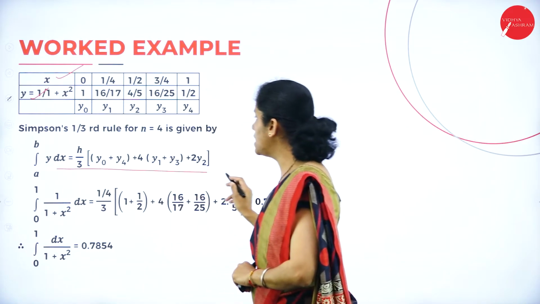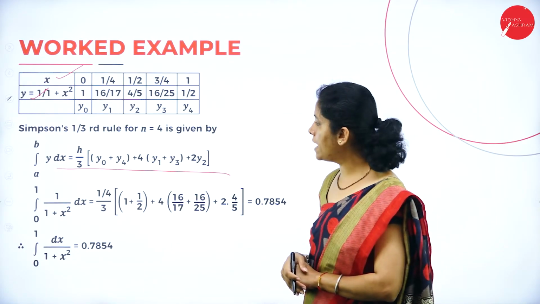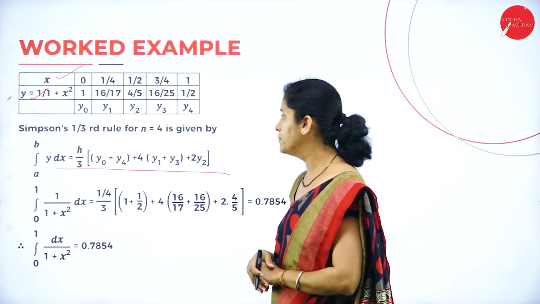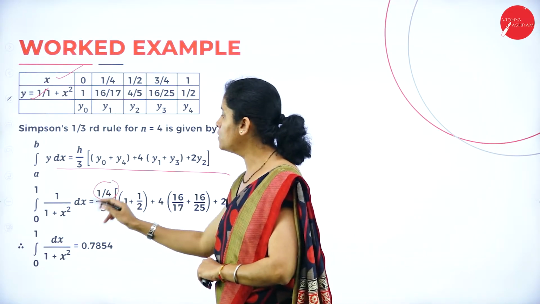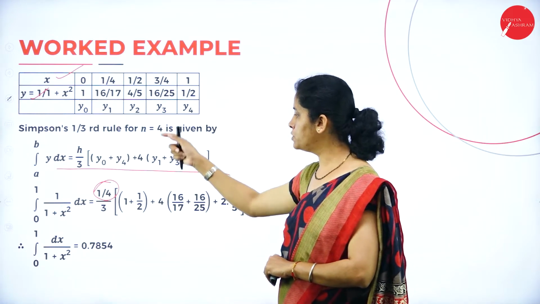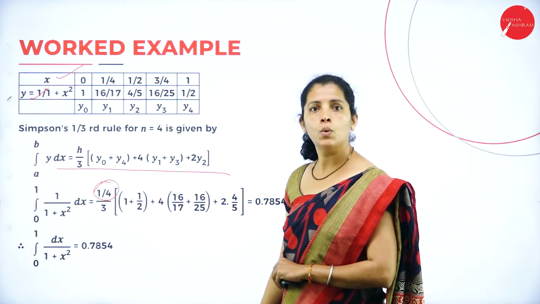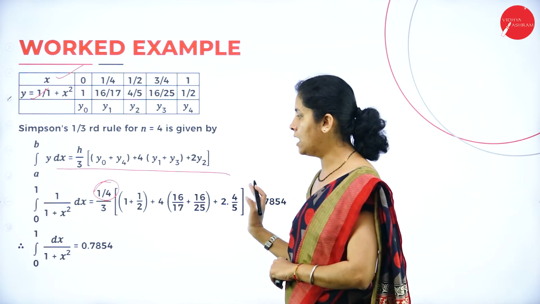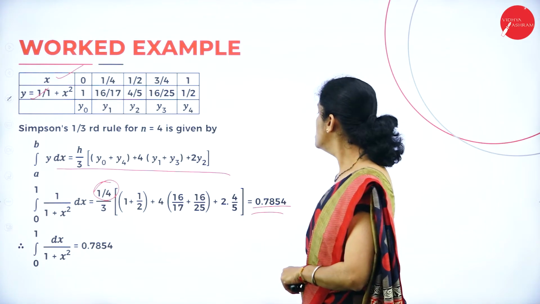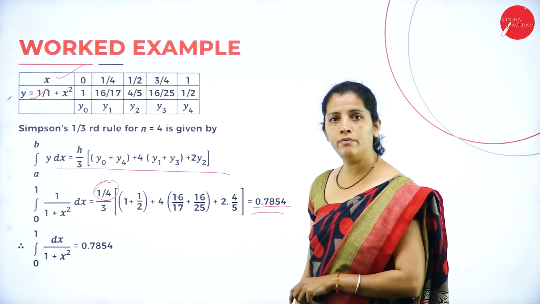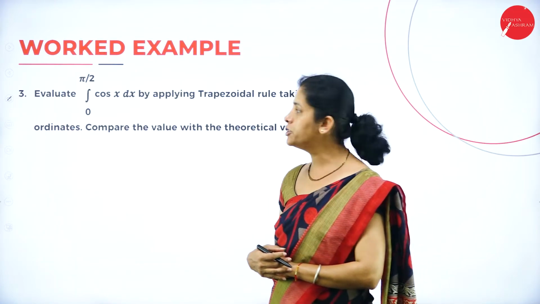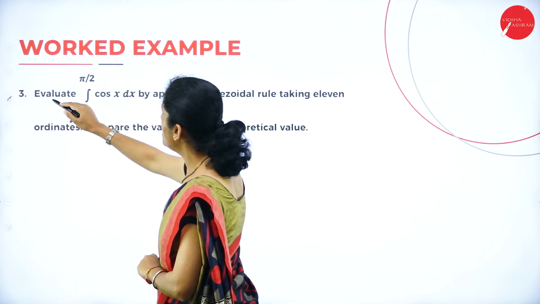In this formula, I'm going to substitute the values, and it ranges from 0 to 1. h is 1 by 4, and I'm going to substitute all the values with respect to the formula. When I simplify this, I'm going to get the answer 0.7854.